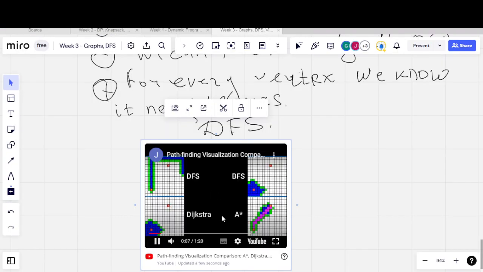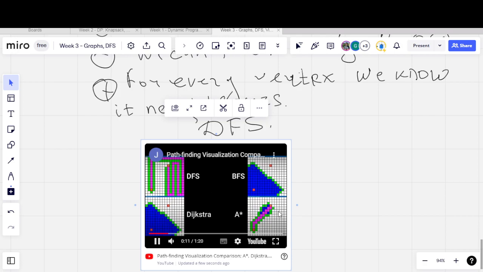Consider only DFS and BFS. In DFS we continue to go while we don't reach the last vertex.